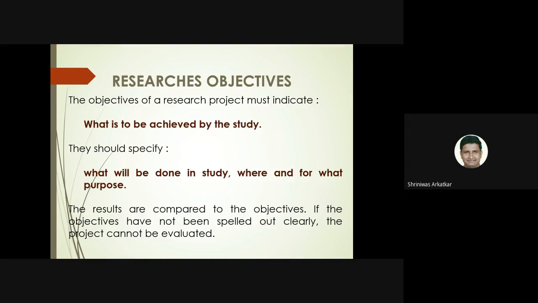They should specify what will be done in this study, and where and for what purpose we are going to do this experimentation and research. Then the results can be tied up, or compared, with the objectives. If the objectives have not been spelled out clearly, then the project cannot be evaluated, and that will be very bad. The experts who are going to evaluate your proposal will not be very happy with respect to what you have done and what you are going to achieve.